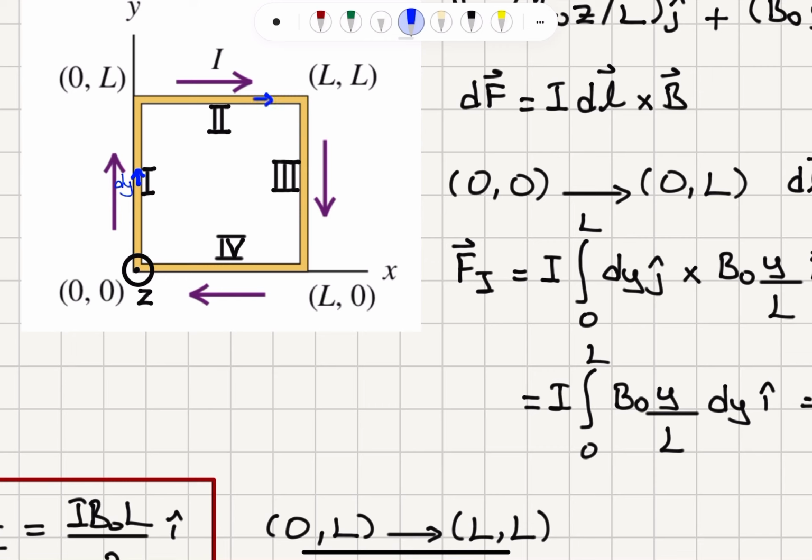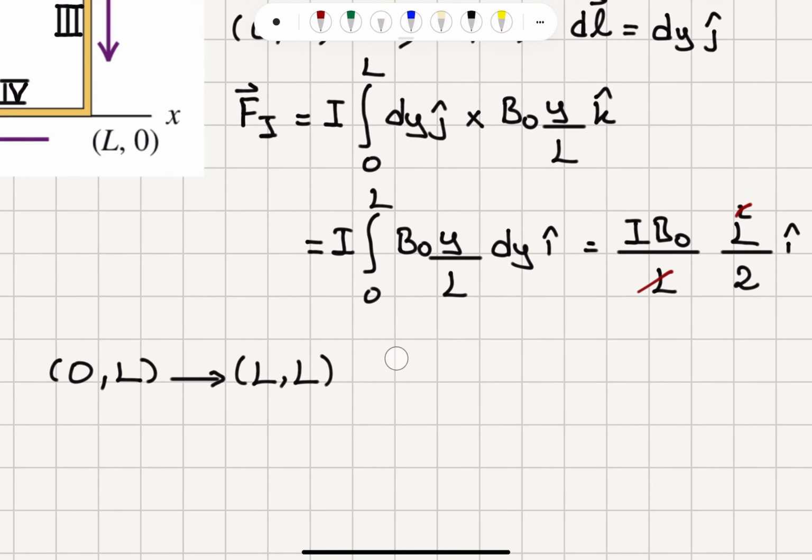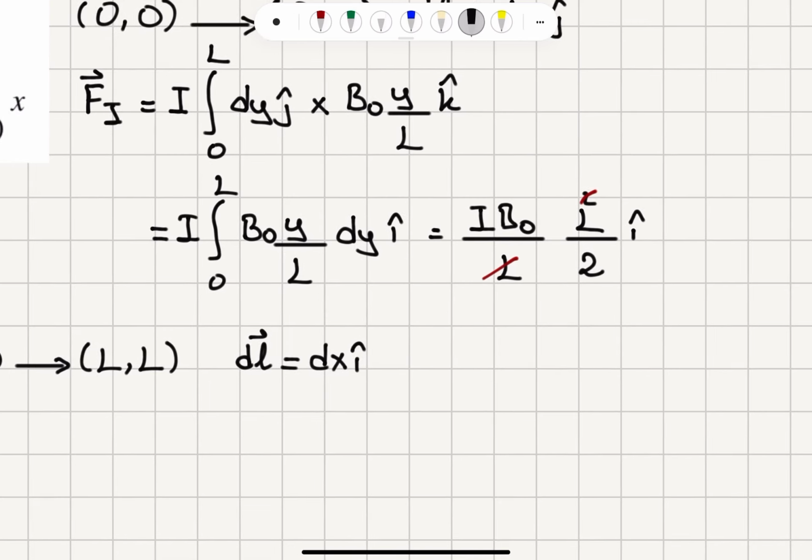For this line element, it has magnitude dx pointing in the i hat direction. So this was dy, this is dx. So for this one, I write the dl vector is equal to dx in the i hat direction. And in this segment, y is equal to L. So the magnetic field, which is B0 y over L, is B0 in the k hat direction.